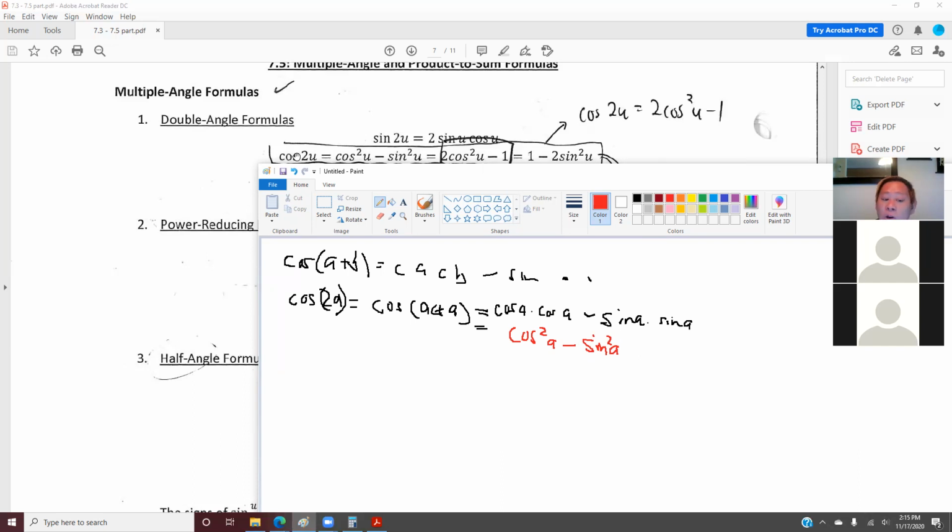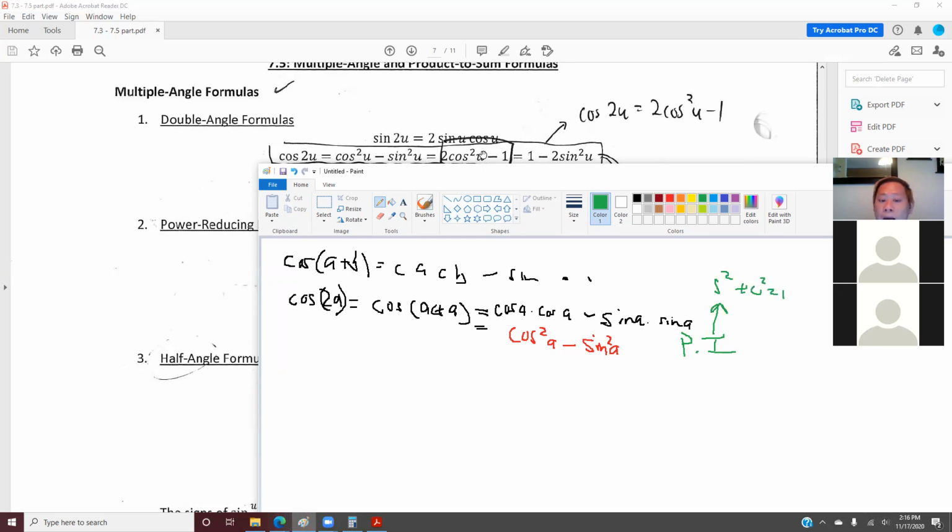And then this cosine 2A has special forms. There are 3 of them. So how did we get from this to the other 2? It's very easy. We use the Pythagorean identity. We know that sine square plus cosine square equals 1.